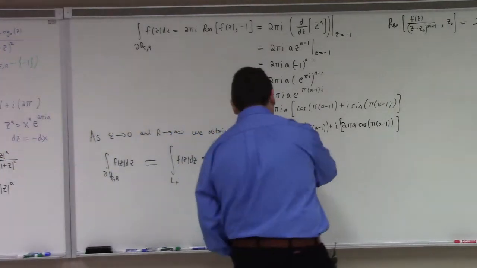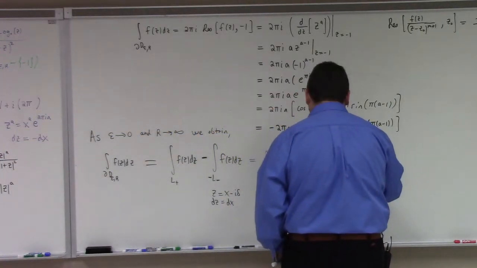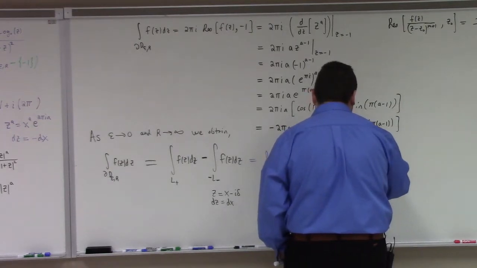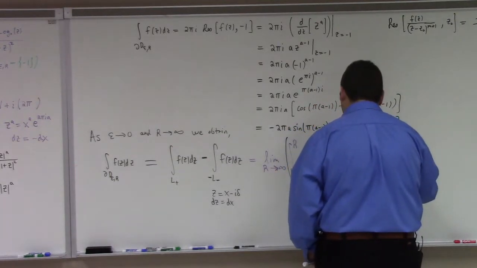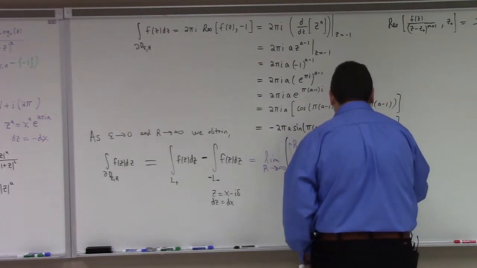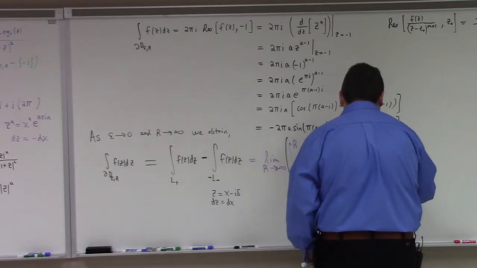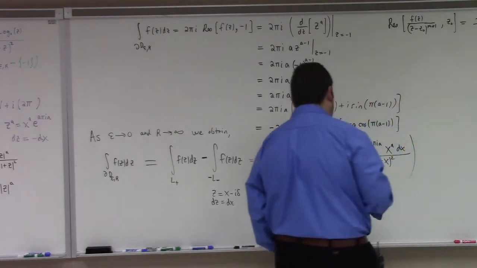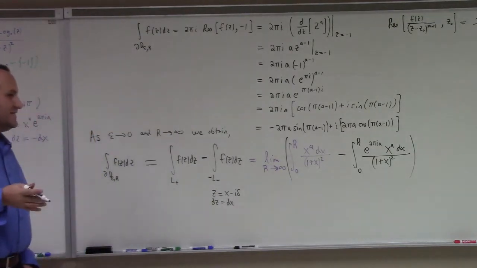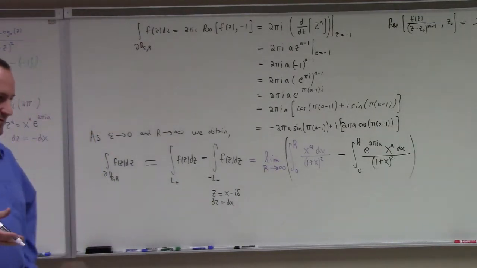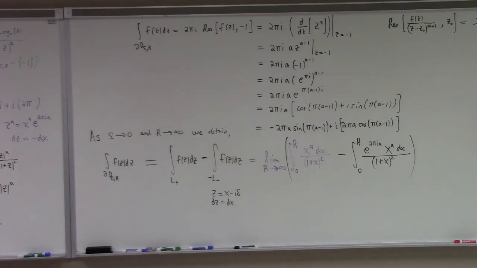So minus the integral from 0 to r of e to the 2 pi i a x to the a dx over 1 plus x squared. If you want to be really fussy, we are glossing over something here, but this is an allowed abuse in this course.